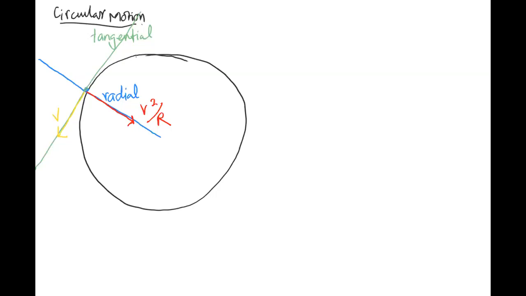Why do we need angular variables? Why do we need angular variables? Yes, path is continuous, no.